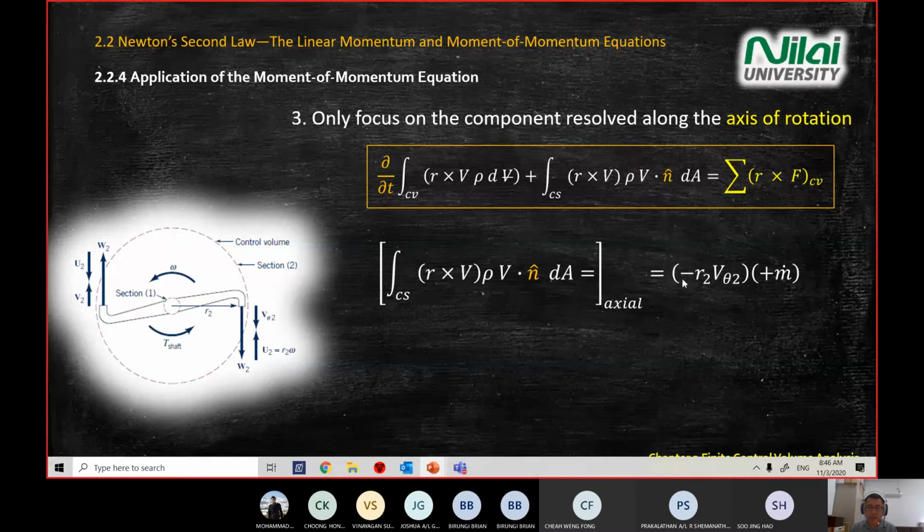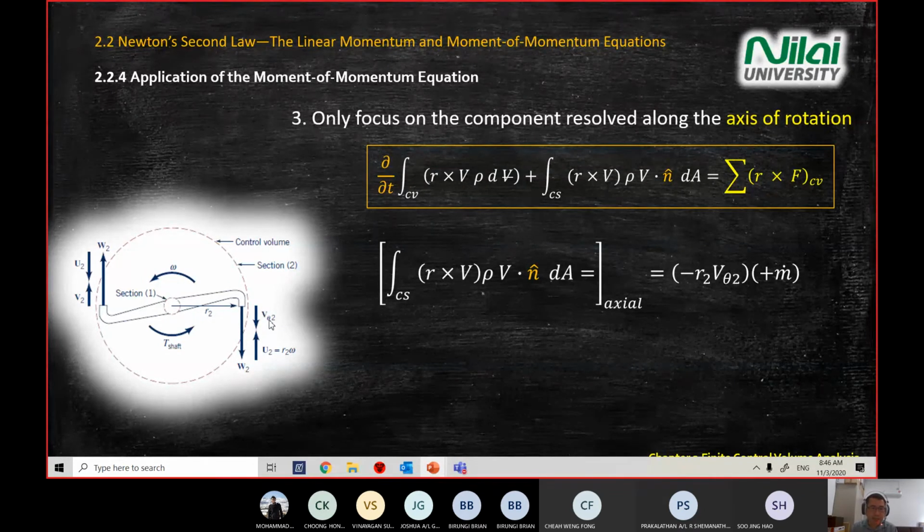We take our R2, which is this one, the distance from the origin of the axis, R2, and V. I cannot use the angular velocity term. It should be a velocity.